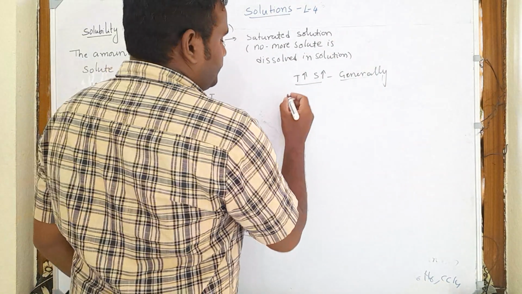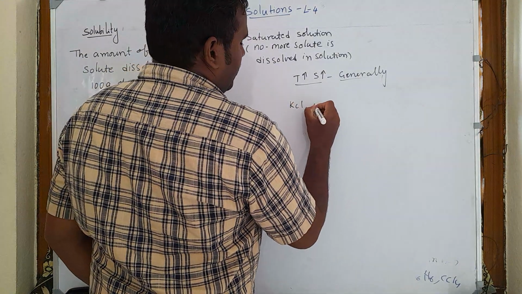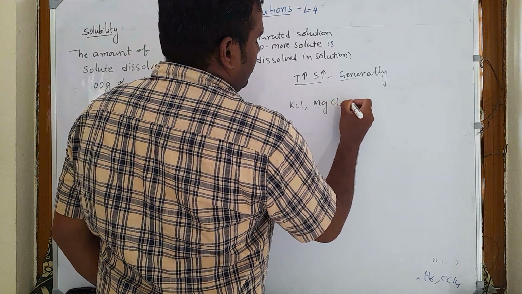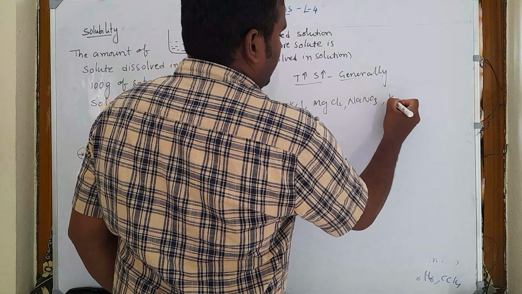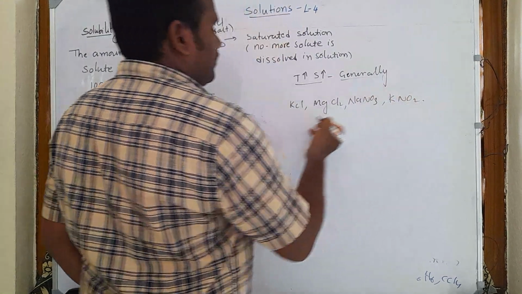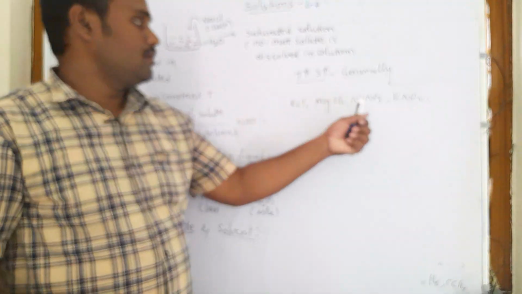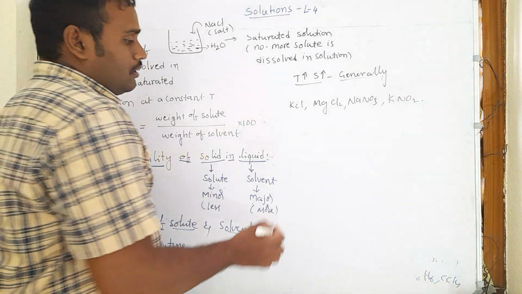For example, KCl, MgCl2, NaNO3, sodium nitrate, and KNO3, potassium nitrate. For all these solutes, as temperature increases, solubility also increases.